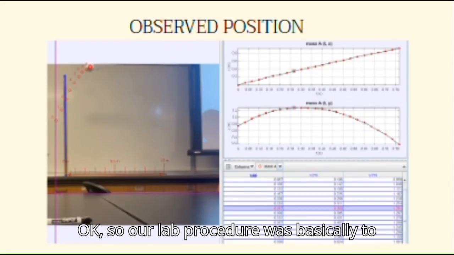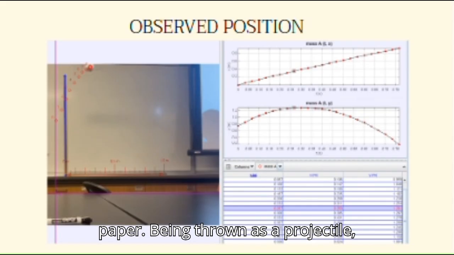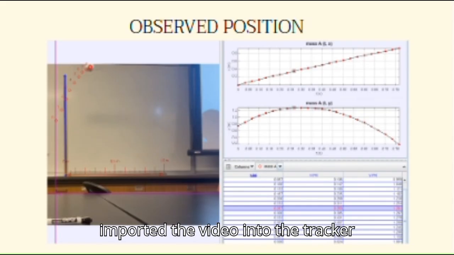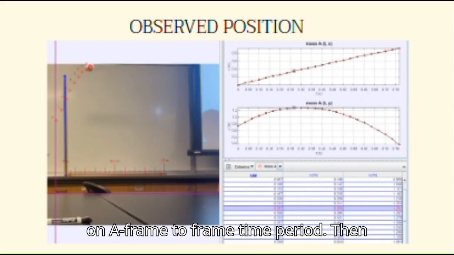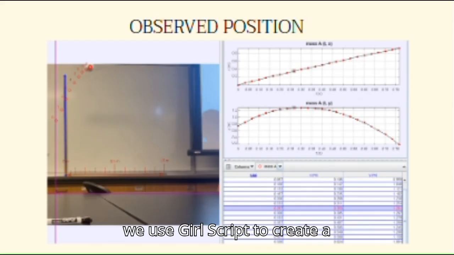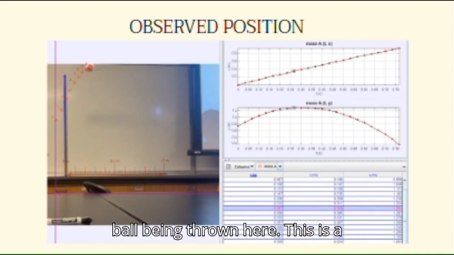Okay, so our lab procedure was basically to capture a video of a wadded up ball of paper being thrown as a projectile. We imported the video into the Tracker application to track the position of the paper ball frame to frame. Then we used GlowScript to create a computational model of the same paper ball being thrown.